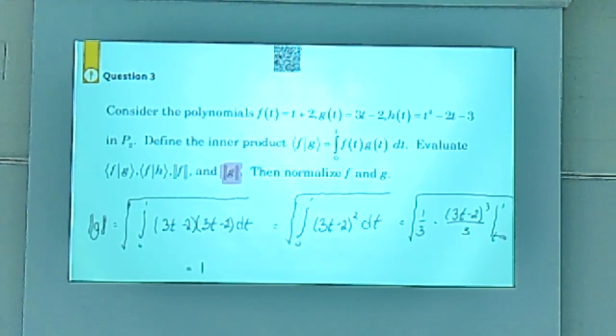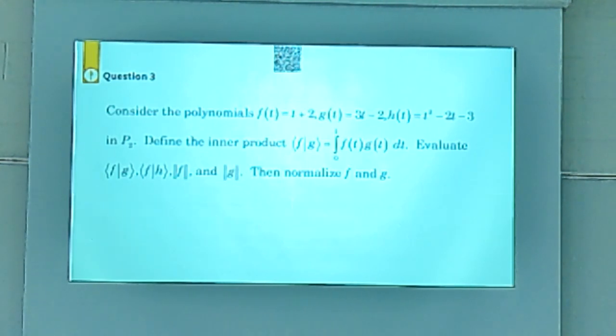We call g a unit vector then. A unit vector is any vector of length 1, or of norm 1. Normalize f and g is just that. Make it have a norm of 1.